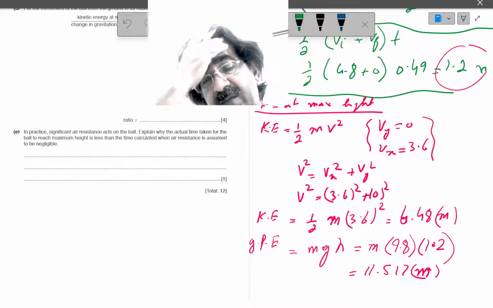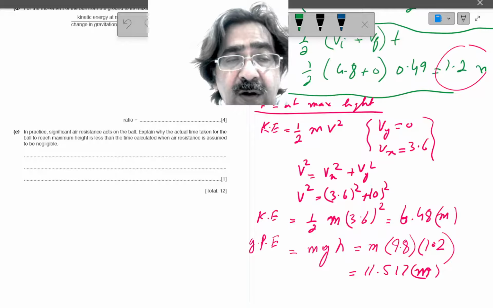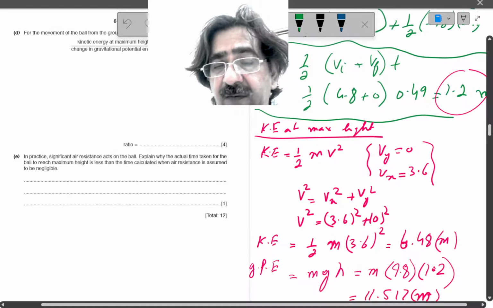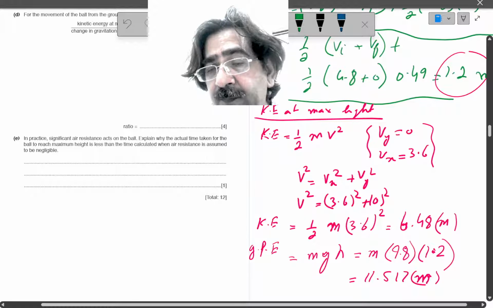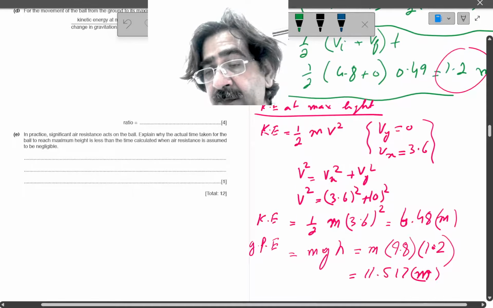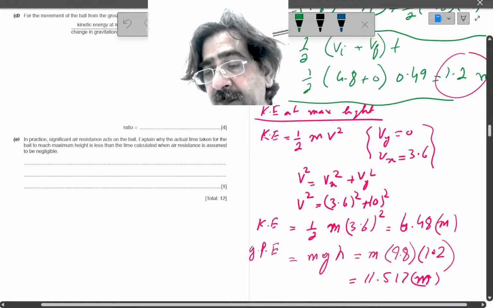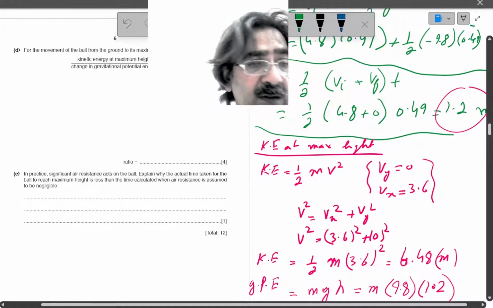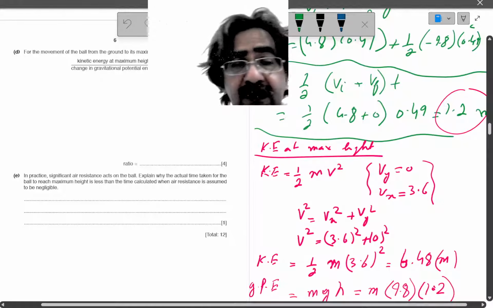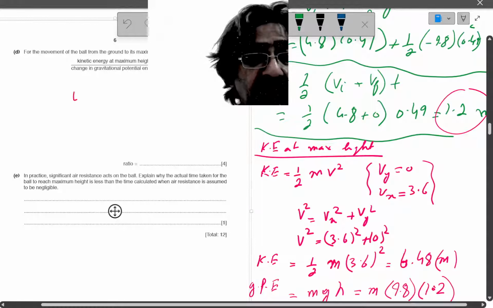So when we divide these two values, the ratio will be the kinetic energy.